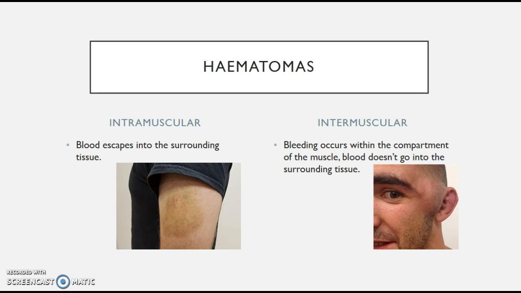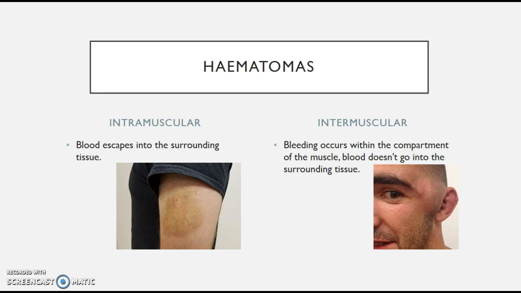This can be caused by something like a massive collision. So if someone's running and sprinting at you and you're in the way, this is where this will happen. So intermuscular is where the blood escapes to the surrounding tissues. Compared to this, you've got intramuscular, which is where the bleeding occurs in one compartment, so the blood isn't being spread.